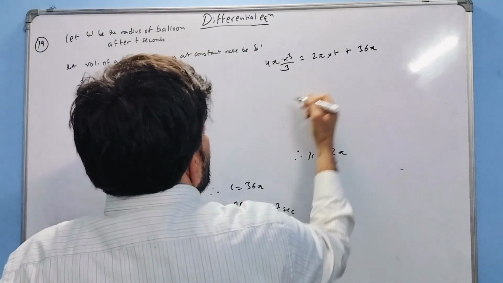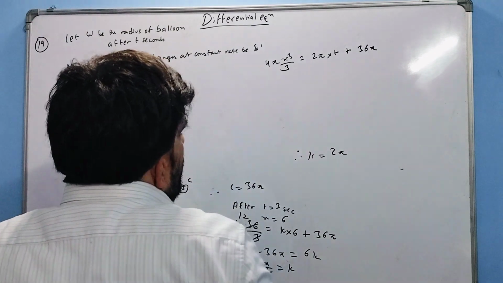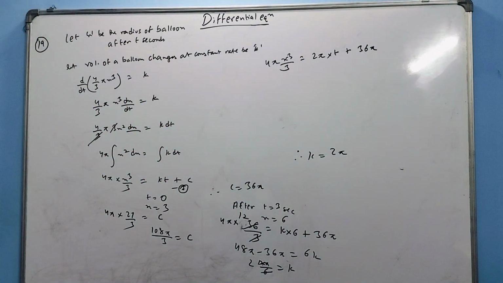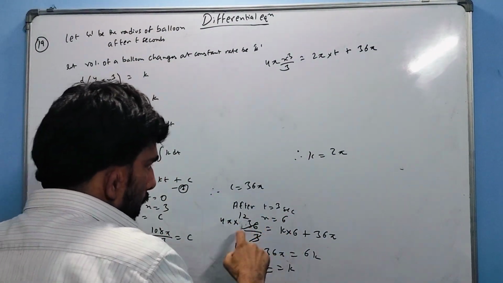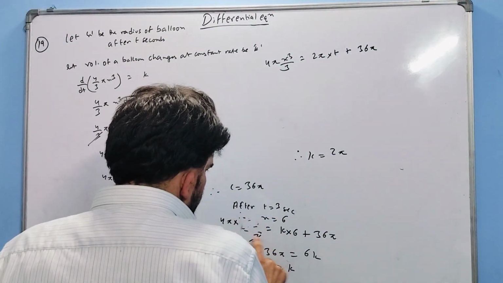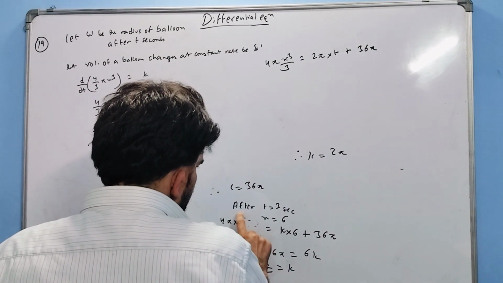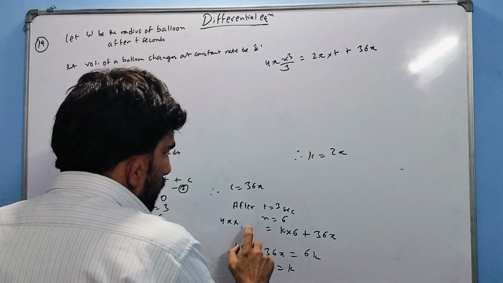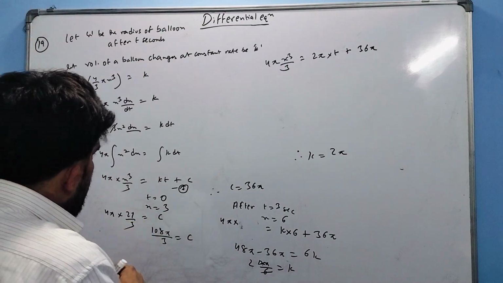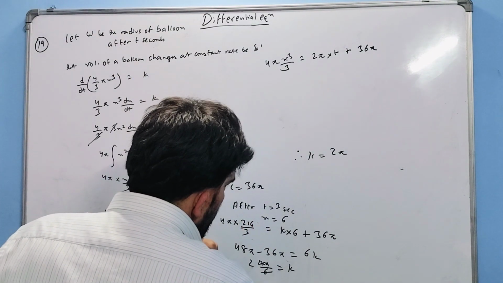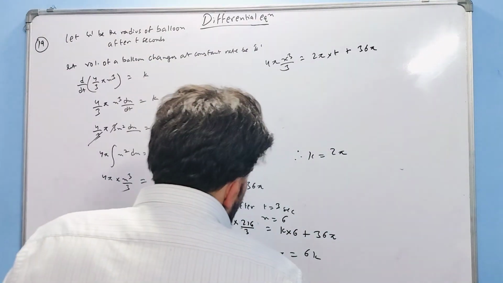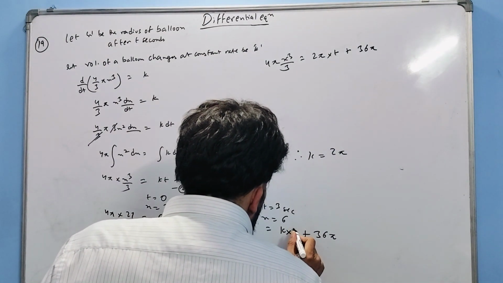So here I got c is equal to 36 pi. Now here I need to take that value, that is 6. So what will be the 6 cube? It will be 216 upon 3 is equal to, we have taken the t here 3 plus 36 pi.